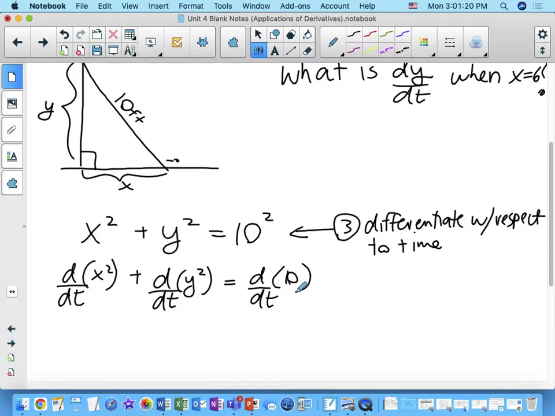And when we differentiate the first term on the left, we will get 2x times dx by dt. And then for the second term, we're going to get 2y times dy by dt. And then on the right, we're going to get 0.